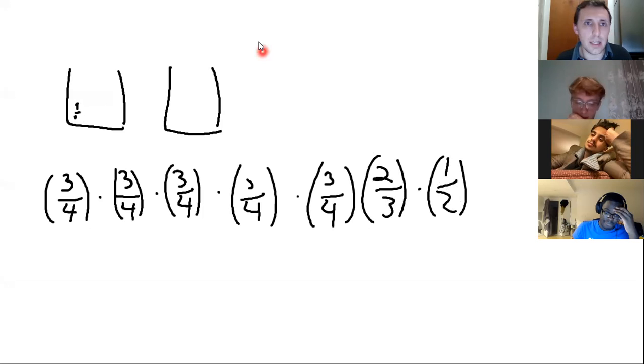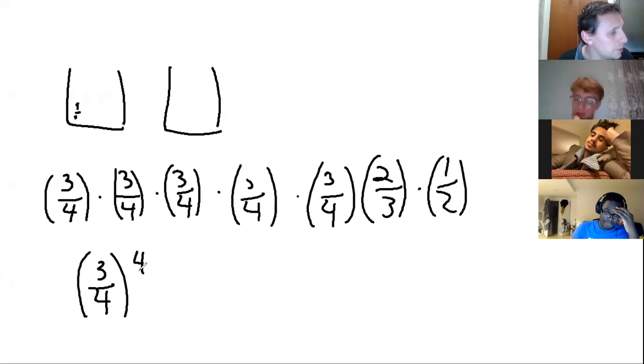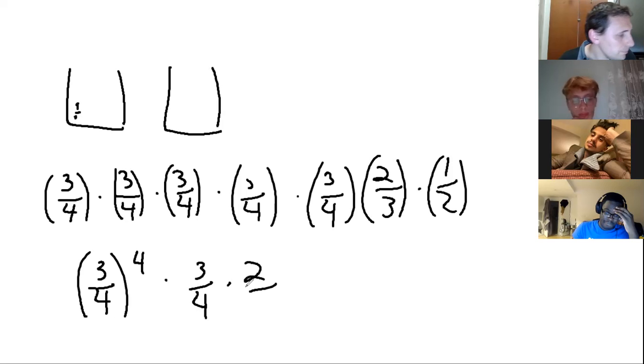So my answer then is what? When I simplify it, look at it, it is 3 divided by 4 to the power of 4, multiplied by 3/4 times 2/3 times 1/2.